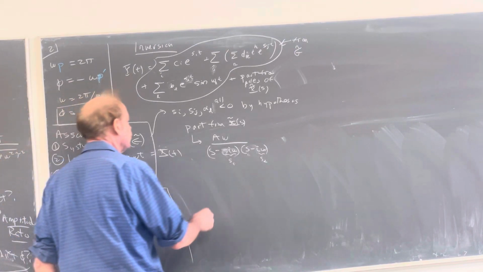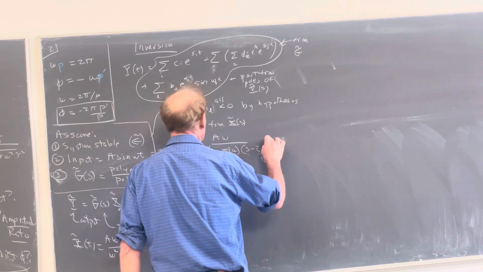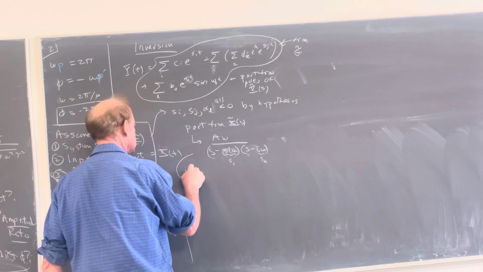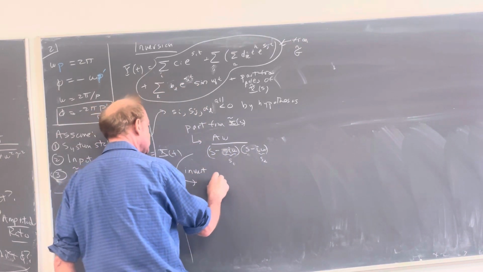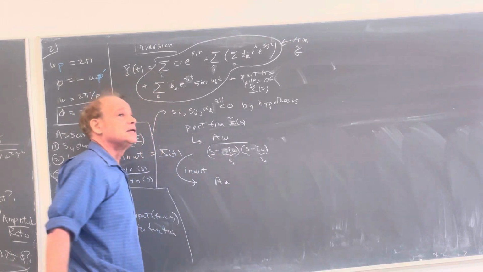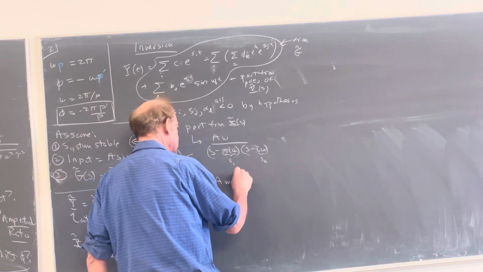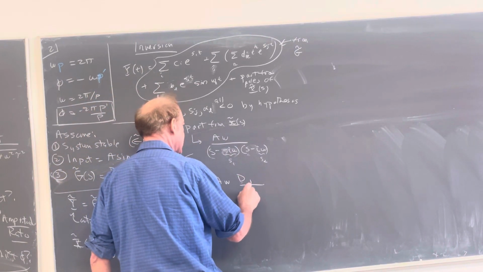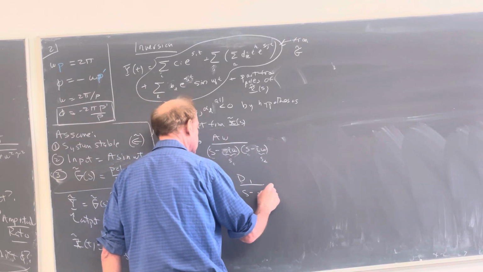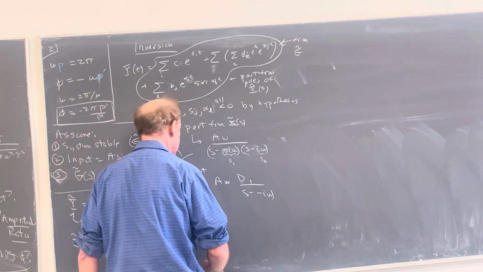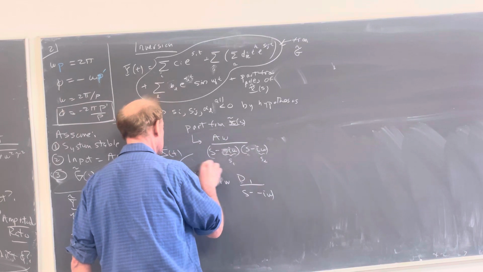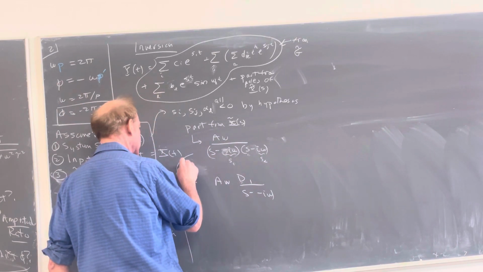And so when I invert, I'm going to get A omega times D1 over S minus I omega. Well, forget the inversion. Before I invert, I'm going to do partial fractions.